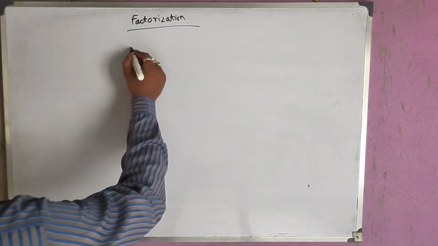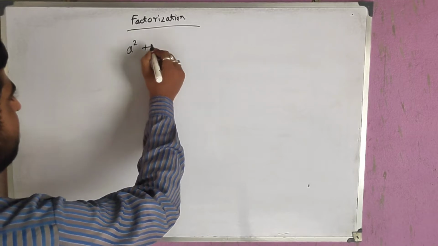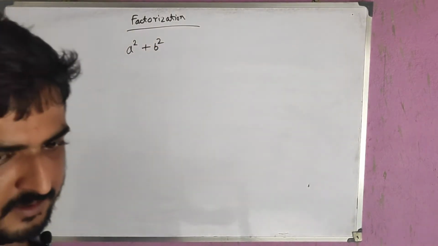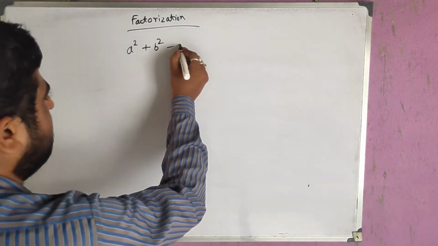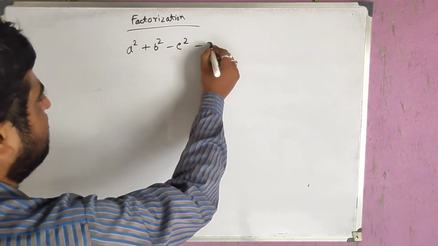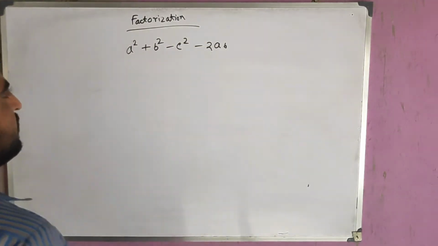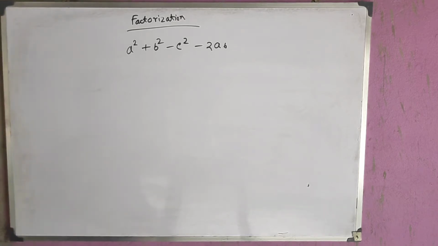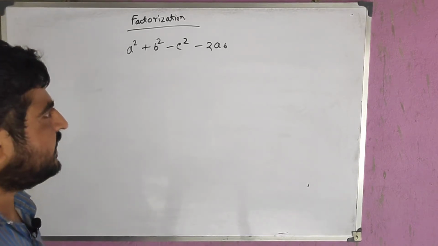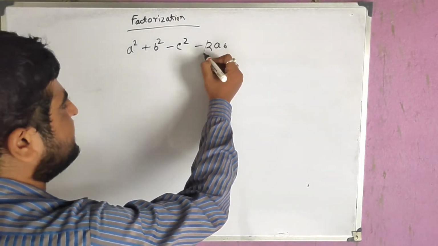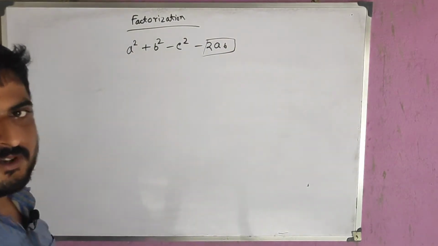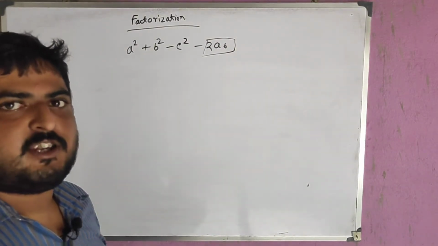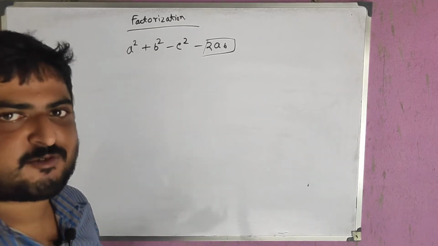First sum: a square plus b square minus c square minus 2ab. If this type of sum is given, always remember one thing: by seeing this 2ab term, you have to choose the a square and b square terms.